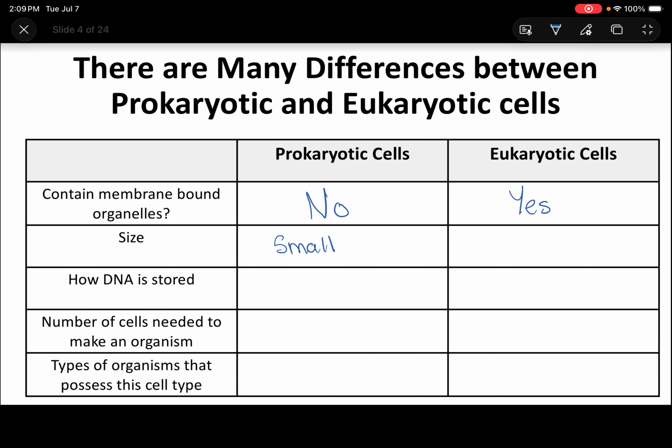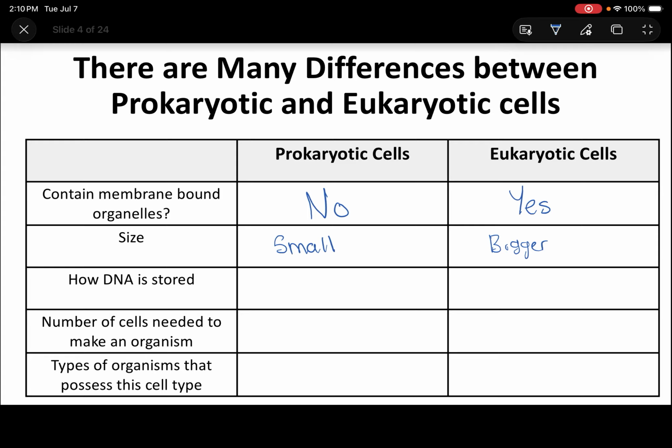The classic example of a prokaryote are bacterial cells. These are microscopic organisms. You need a microscope to see them, whereas eukaryotes tend to be bigger. You can have single-celled microscopic eukaryotic cells, but you can have eukaryotes that are very, very visible. For example, we are eukaryotic organisms. Our animals, plants, all of these things are big multicellular organisms.